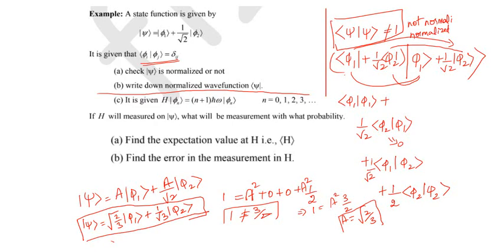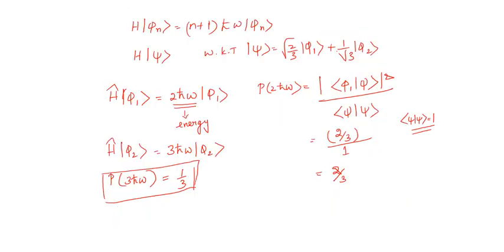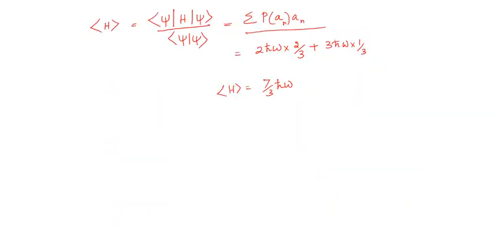Okay, next and last one, error in the measurement in h. So you are measuring the expectation value of h, but how to find whether it is accurate or not? We have to find the difference, del h. This is the error.